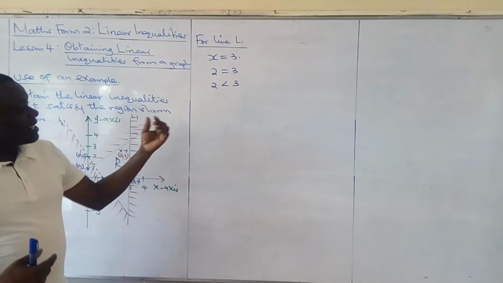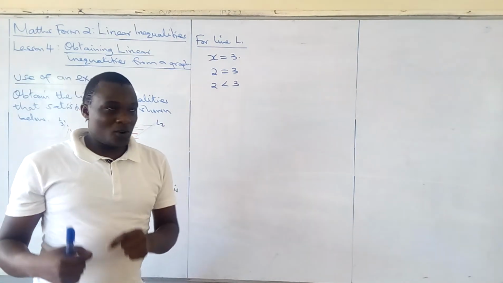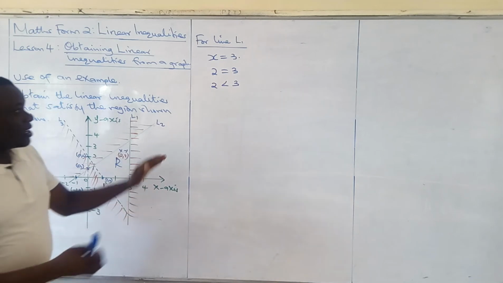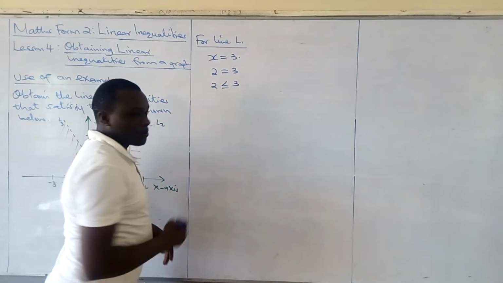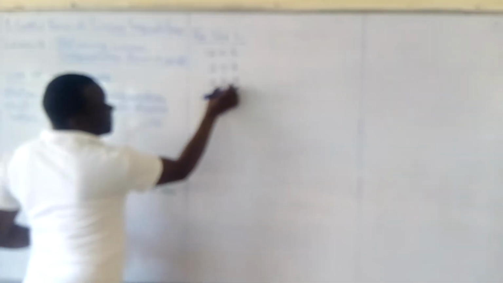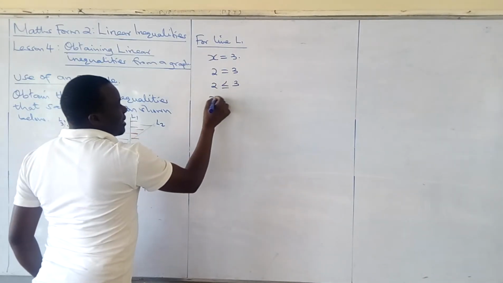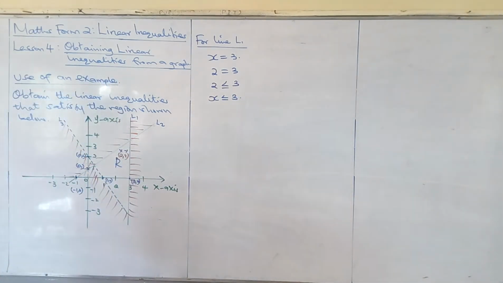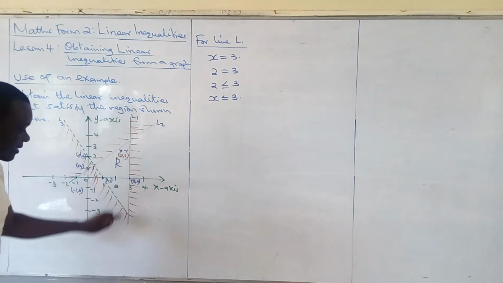We then decide whether to include equal to or not, depending on the line. If the line is continuous, then we introduce equal to. Now this statement is true. So once you obtain the symbol, you say x is less than or equal to 3. So that's the linear inequality for this line.